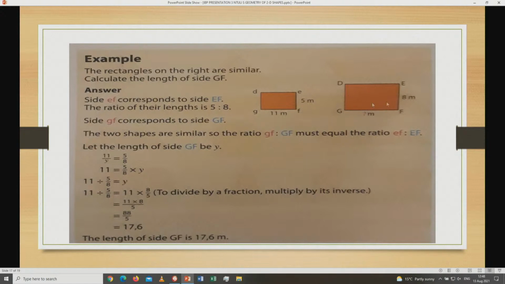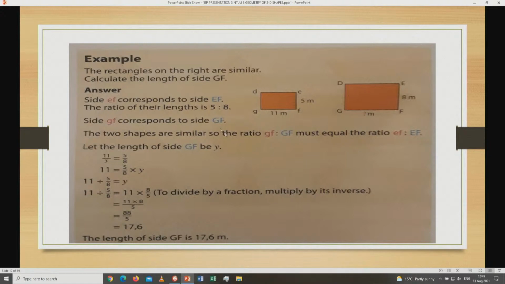It's a question mark of meters. The two shapes are similar, so the ratio of GF and capital GF must equal the ratio of small EF and capital EF.